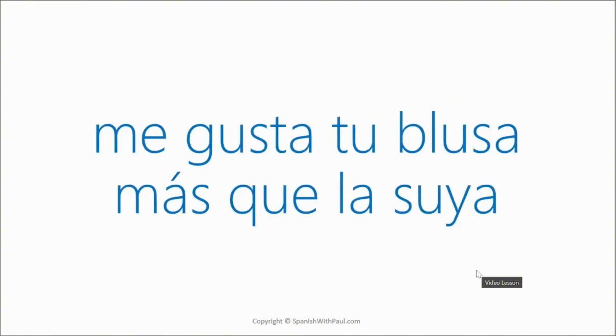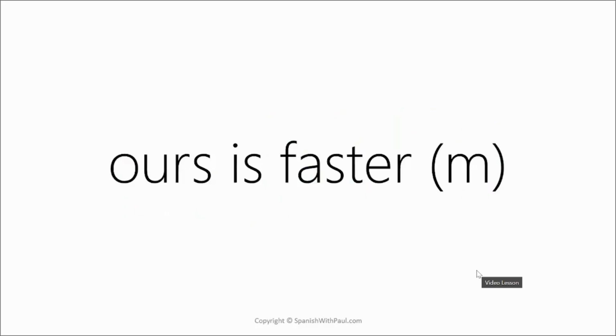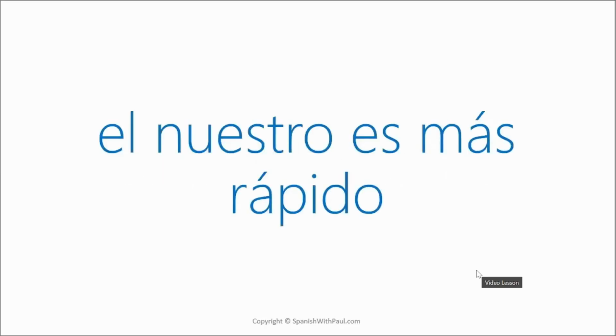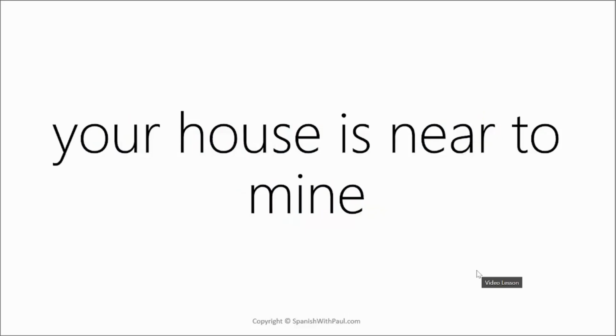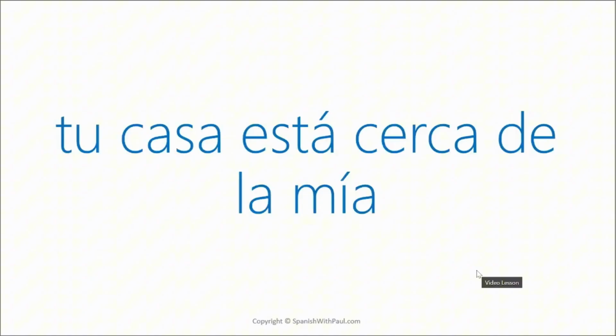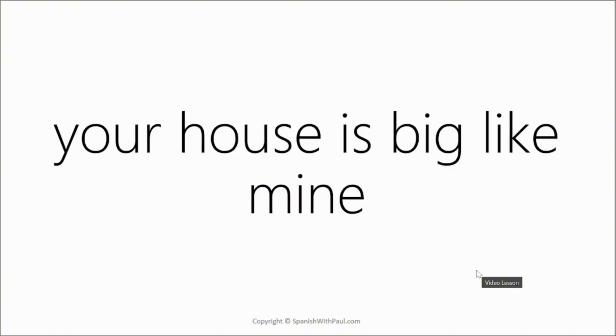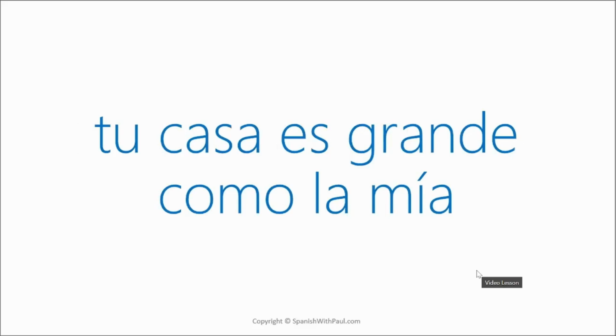Me gusta tu blusa más que la suya. Ours is faster. El nuestro es más rápido. Your house is near to mine. Tu casa está cerca de la mía. Your house is big like mine. Tu casa es grande como la mía.